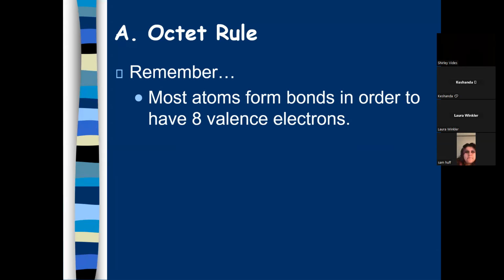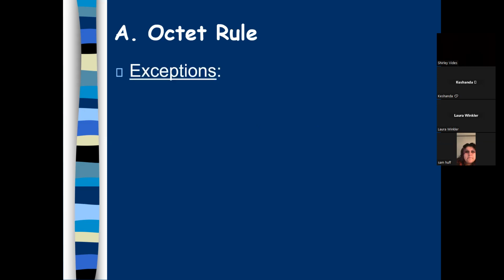I know I keep drilling you on the octet rule, but that is something that needs to be followed, right? Most atoms do form bonds to get 8, but there are some exceptions, and you need to recall these.